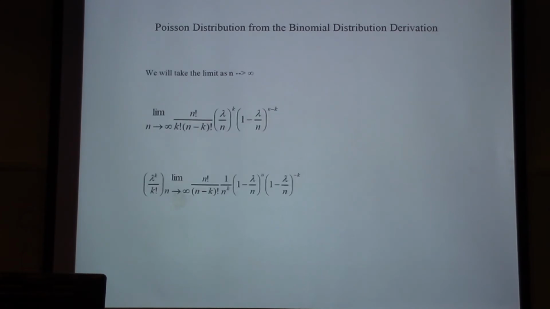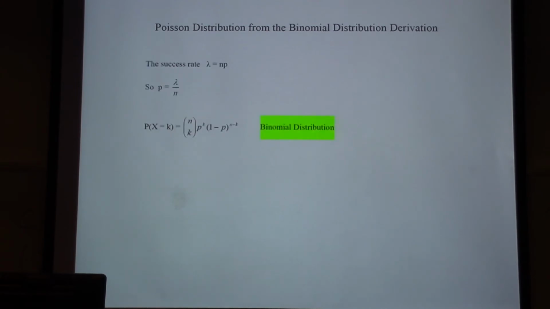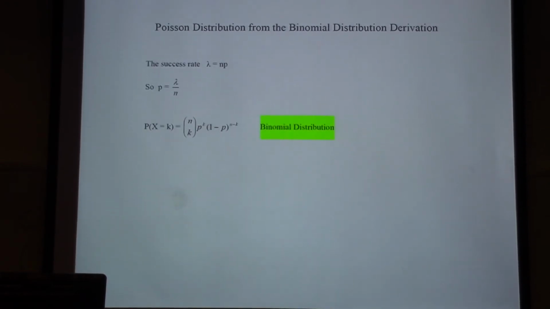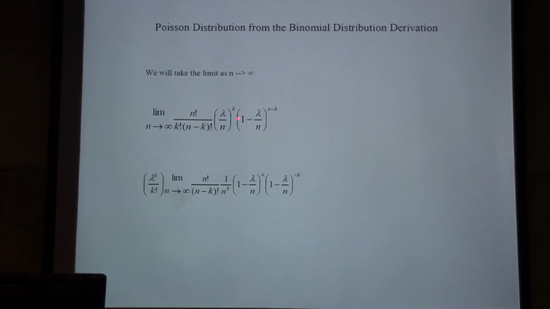If you take this distribution, what we're going to do is take the limit. I'm not going to spend too much time on this, but I certainly will explain it if you want me to. We take the limit as n goes to infinity. This is n choose k, times p to the k, where p is lambda over n, times 1 minus p to the n minus k.